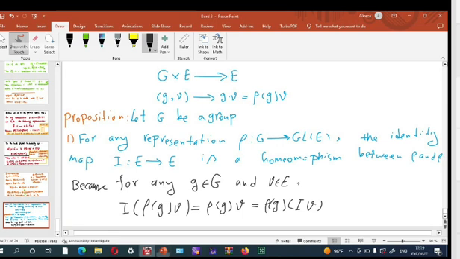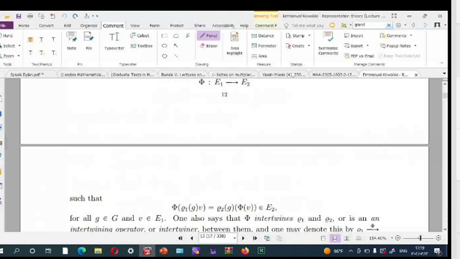So we have this equality: phi of rho 1 of g of v equal to rho 2 of g phi of v, because phi equals the identity map and rho 1 equals rho 2 equals rho. So this is very trivial.